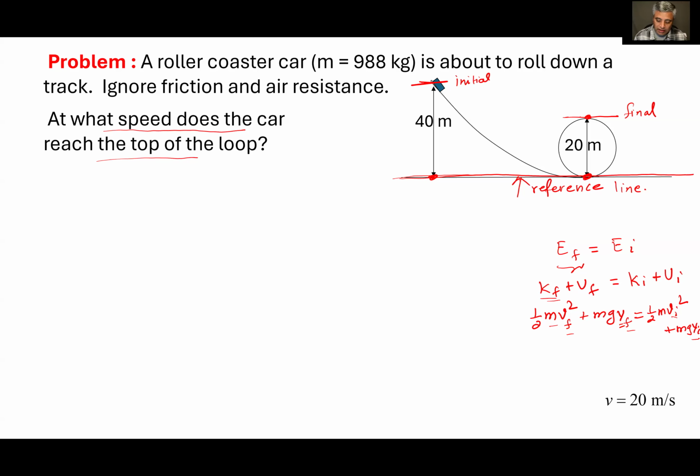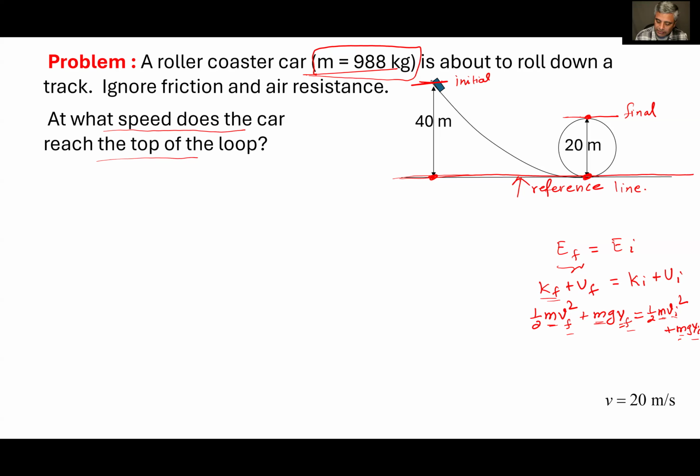In this case, mass is given and written right there, so I'm not copying that. And in this equation, the mass is in each of the terms, so that means mass cancels. When there is no friction, mass does not matter, mass cancels. Whether you have this big car or small car, the result is going to be the same.